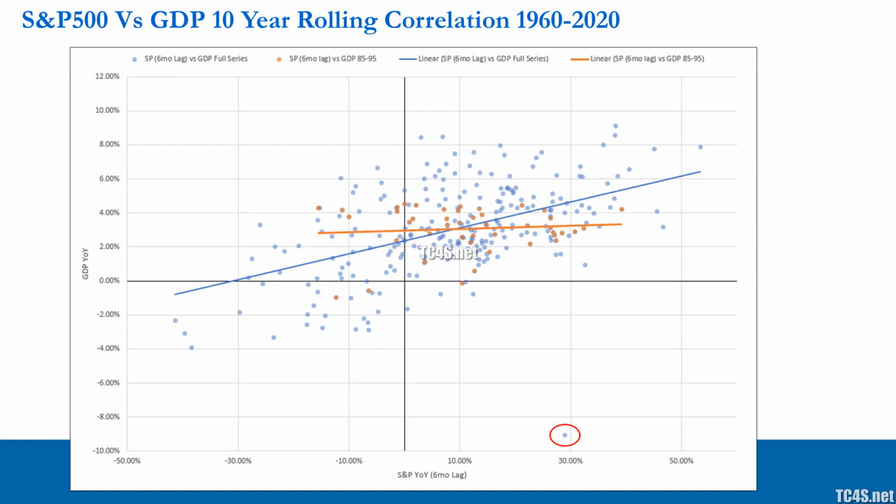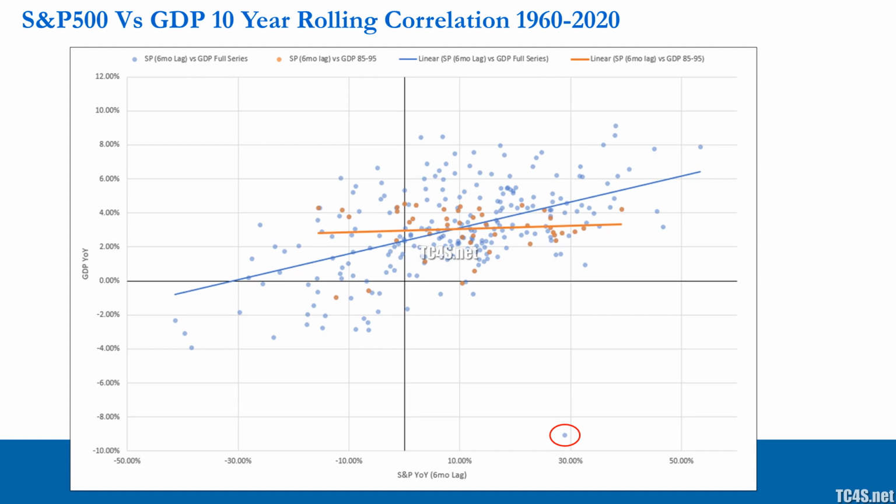And then the second most common occurrence is when GDP is reported up and S&P 500 is reported down. This would agree with our quadrant analysis. However, we of course have outliers that we'll come on to in a moment.